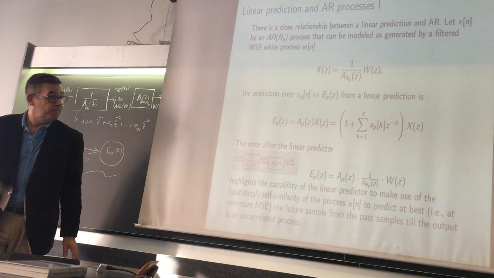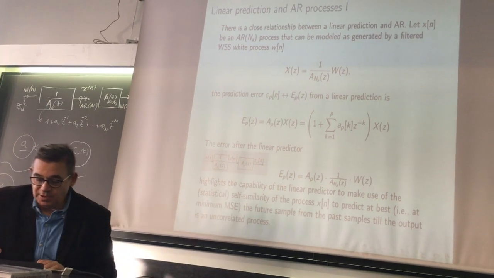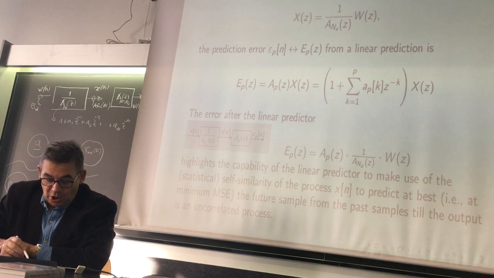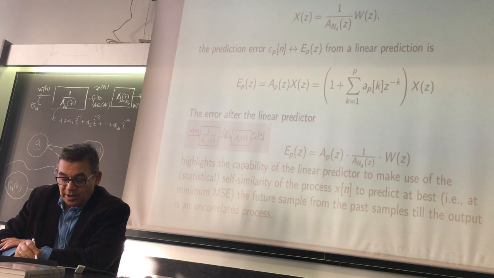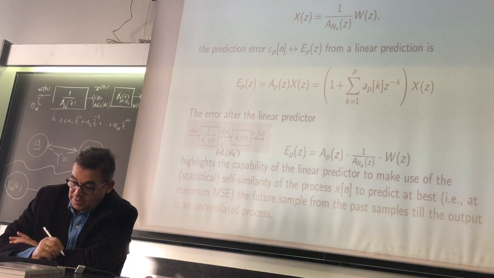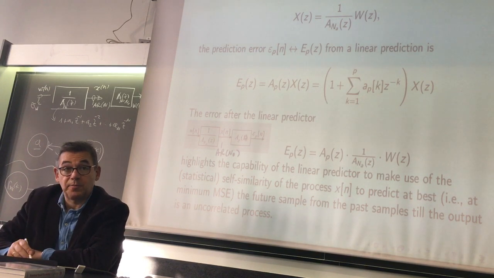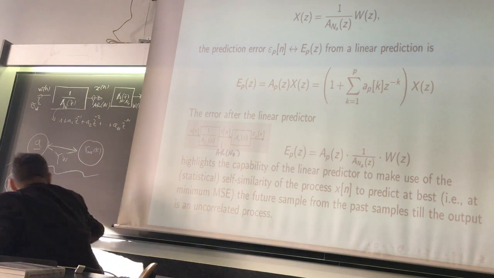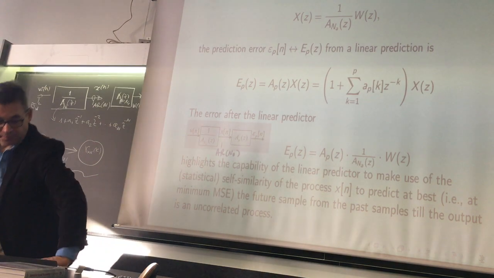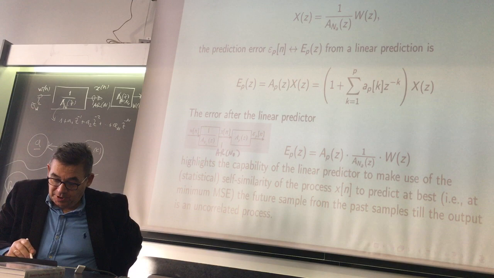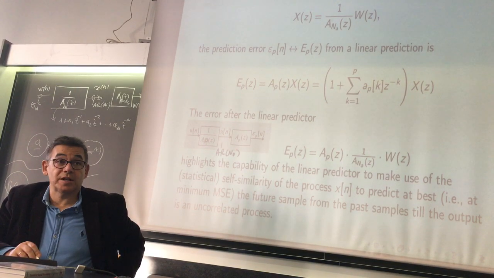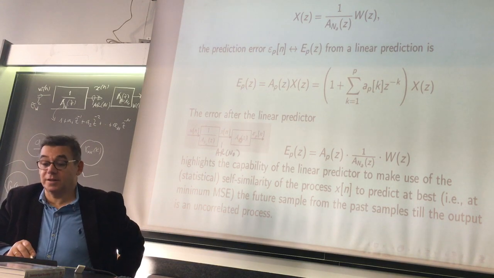Now, let's look overall. In general, I can virtually always look at the cascade of an autoregressive process, so up to here is autoregressive of order n0, with a cascade of a linear prediction of order P. I changed the notation, P. Now, if my linear predictor has the same length as the autoregressive, since the equations are the same, then my linear predictor is perfectly whitening the process.